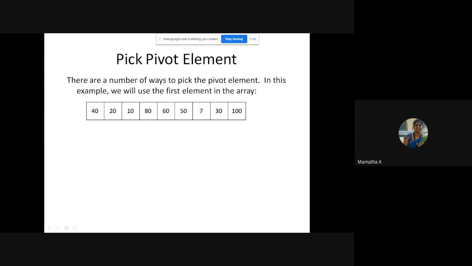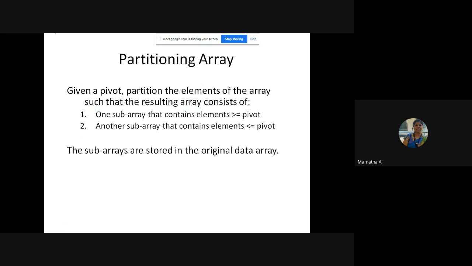So we assume here the first element in the array to be your pivot element. So that is 40, if this is the array given to me. Given any pivot element, I have to partition the elements of the array such that I get two subarrays, wherein the left side is less than or equal to the pivot and the right side is greater than or equal to the pivot.